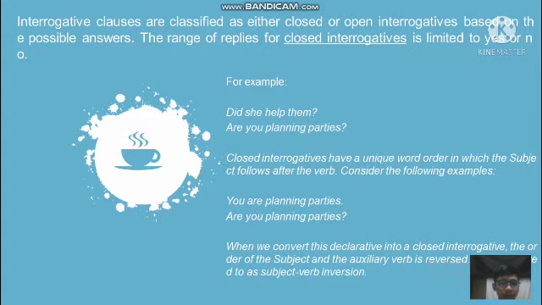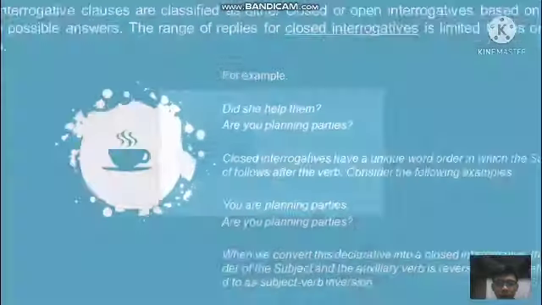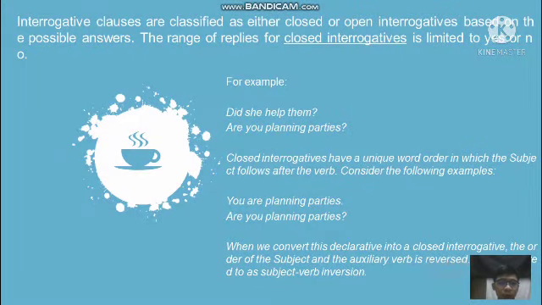The first, you are planning parties, is a declarative, and the second, are you planning parties, is a closed interrogative. When we convert this declarative into a closed interrogative, the order of the subject and the auxiliary verb is reversed. This is referred to as subject-verb inversion.